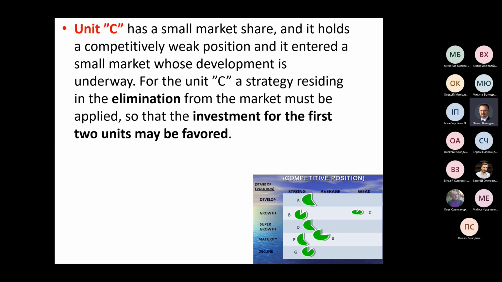But in two situations, the first is that it's not possible for our company, and the second is that we do not have money to do it, we have to exit this business and use our cash inflows connected with quitting the business for the other strategical business units A and B.